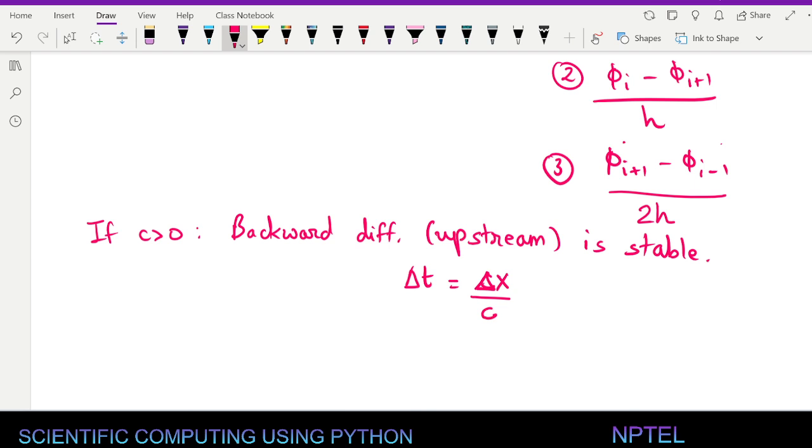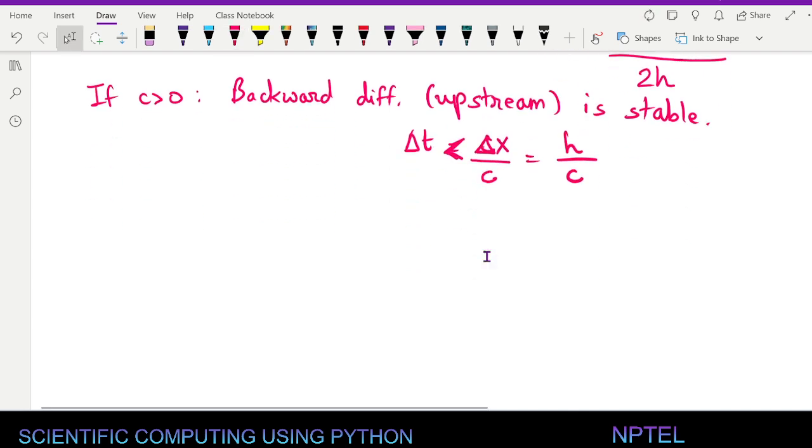Is this correct? Yeah. So delta t should be less than this. This delta x is just h, so h by c. In one time step, it should at most shift by one grid point. That's the English.